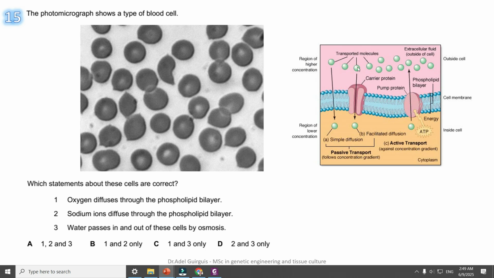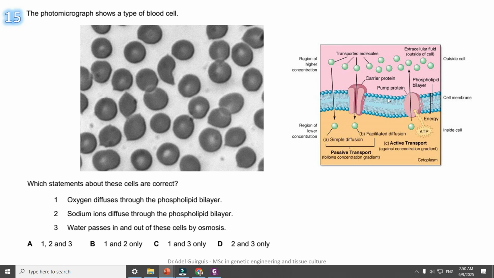If this molecule needs a carrier protein or protein channel to pass through, it is facilitated diffusion. Both simple diffusion and facilitated diffusion are passive transport, obeying the concentration gradient from high to low.